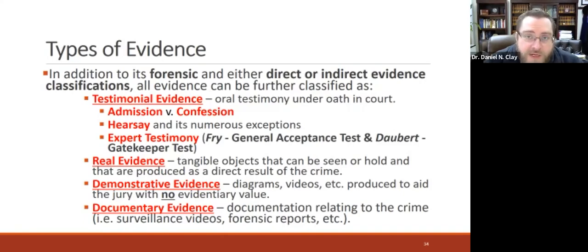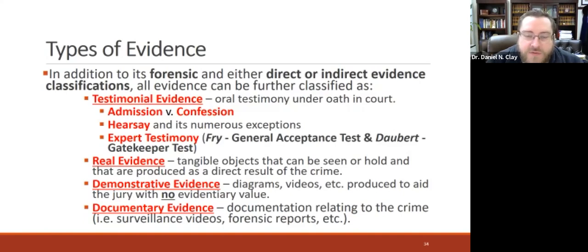Then we have what's called real evidence. And now this seems misleading because everything is real evidence if it's evidence. But what we mean by real evidence is what we think of when we really think of, like, evidence, right? We're thinking about tangible objects that can be seen or held, and that were produced as a direct result of the crime, right?